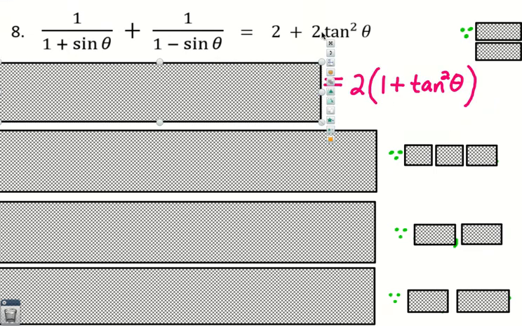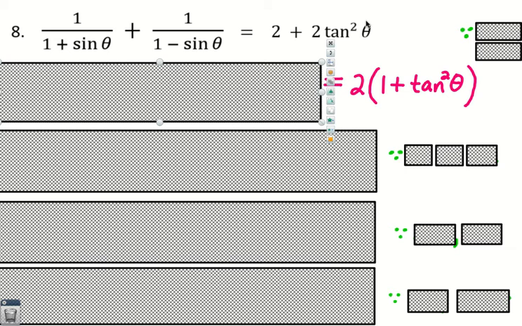But before that, you could have replaced tangent squared right away. Like I said, there's more than one way to go through all of these steps, in different orders or different strategies altogether. You totally could have just replaced tangent squared with secant squared minus 1, I think it was.